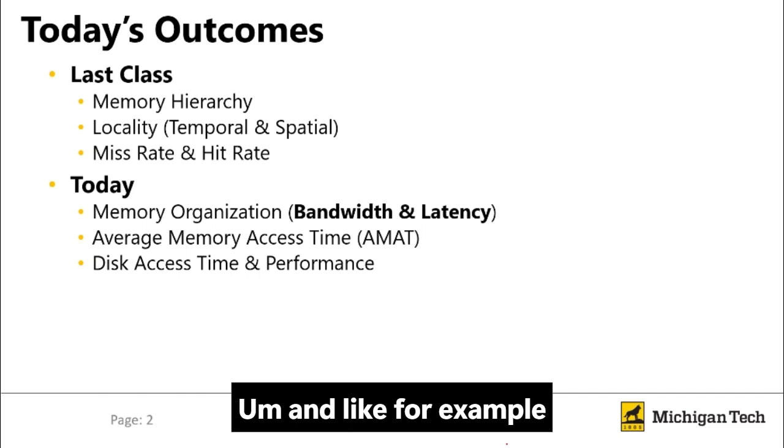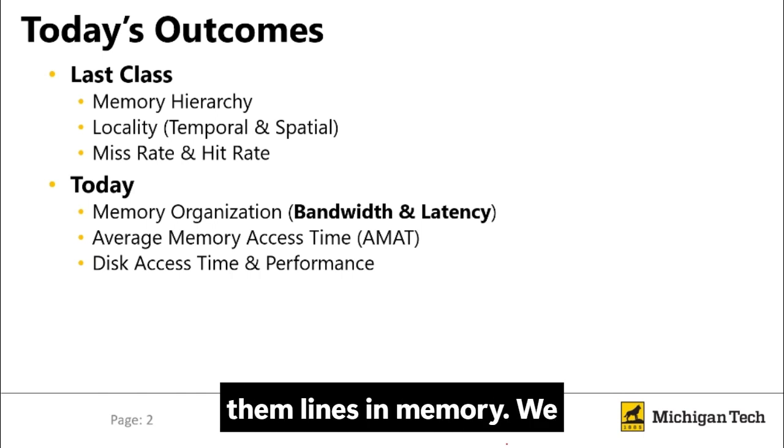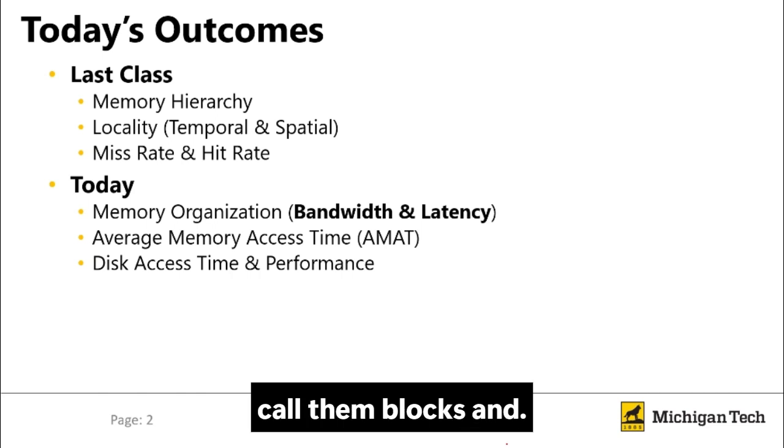For example, we can use cache. Cache is something fast, but not a very big cache, a small cache close to the CPU. And we divide it into blocks or lines. In cache, we call them lines. In memory, we call them blocks.